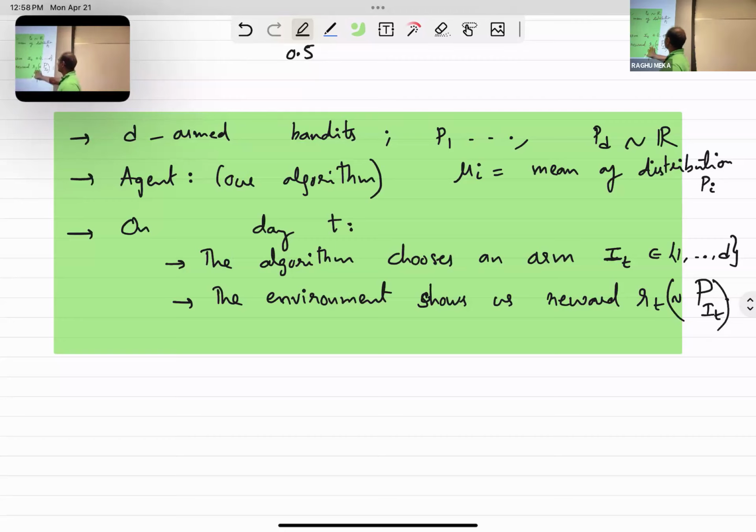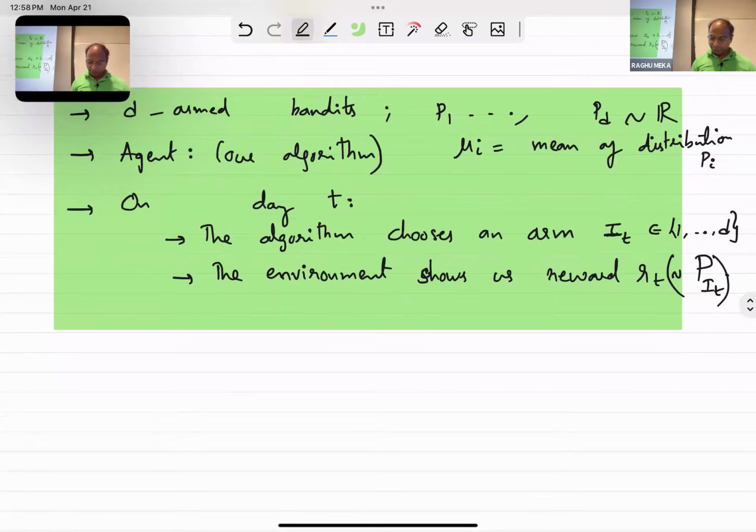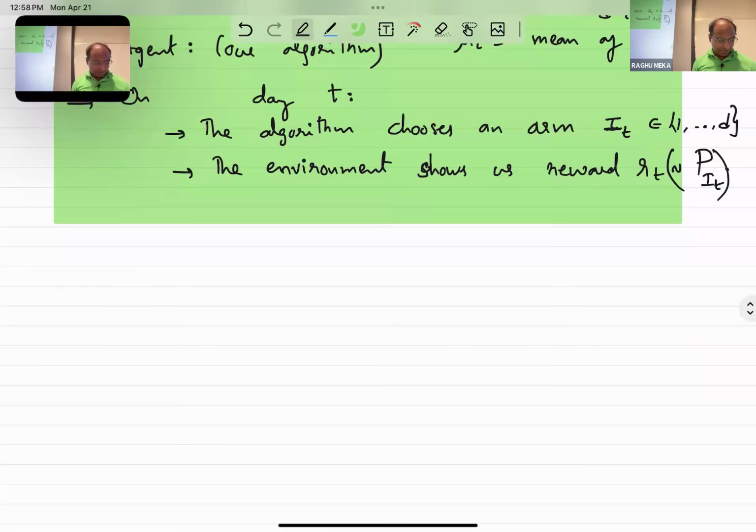So we see a particular reward that this particular arm, this particular choice, got on that day. And so this is a game. Every time we pull, we get some information, the reward, and then we go on.